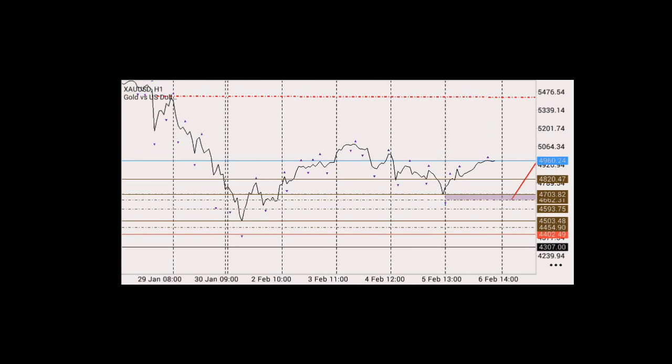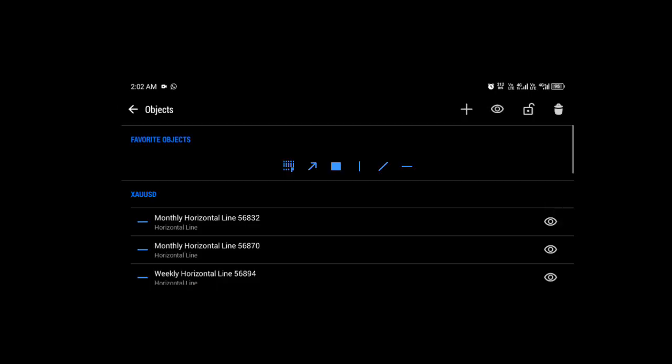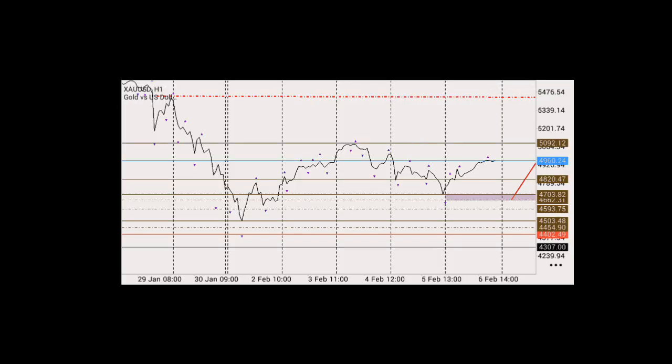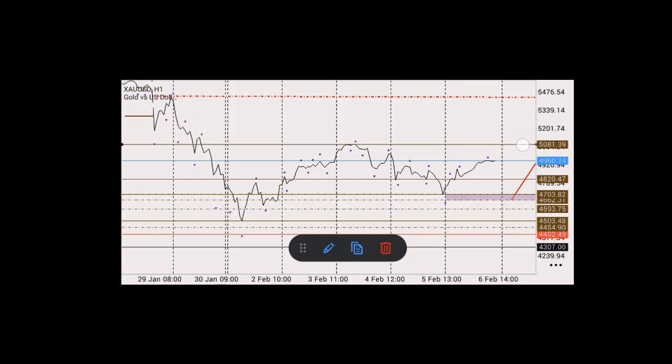As a beginner, why I'm using the line chart is because I want it to be clear so that you will understand. You already understand the pivot points. You already know how to mark your support and resistance using these pivot points. Look at the last resistance level here.